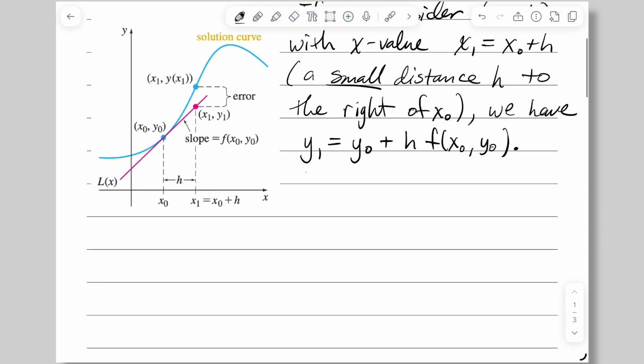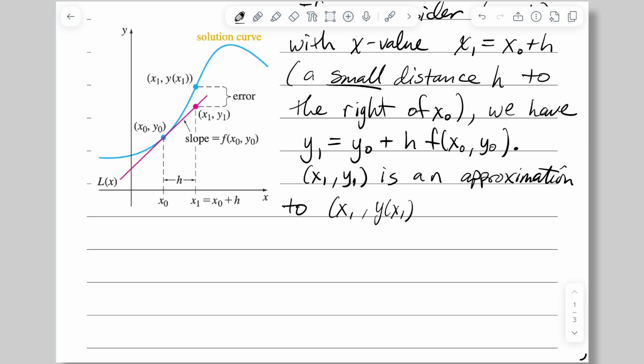The resulting point x1, y1 is an approximation to the point x1, y of x1, which is the actual point that's on the solution curve. So using the tangent line, we now have an approximation to a point on the solution curve. If you need to, run back through that explanation a couple of times, and I'm sure it will fall into place.